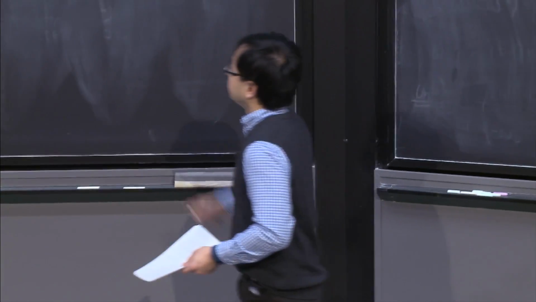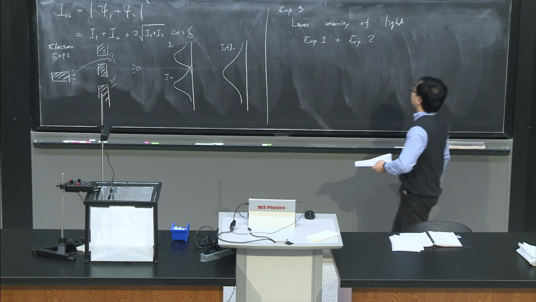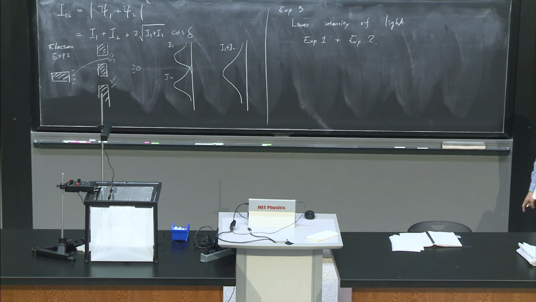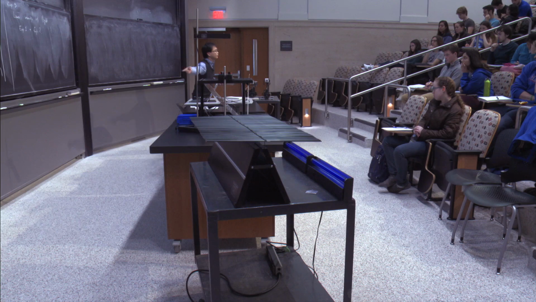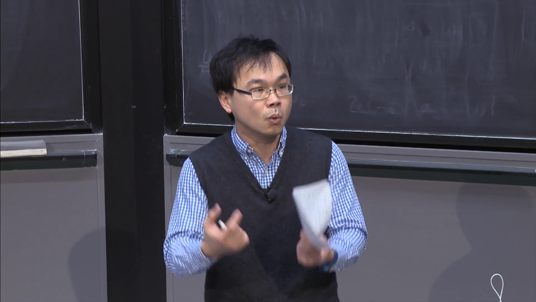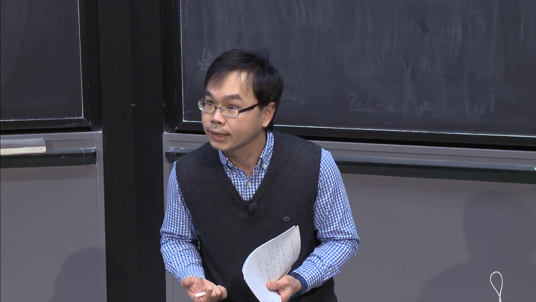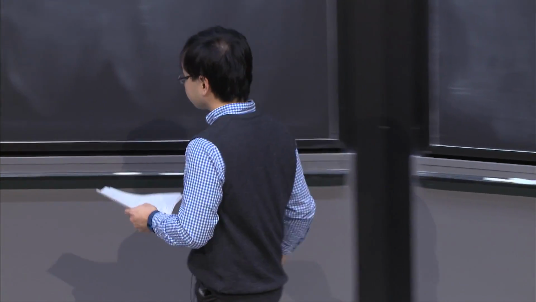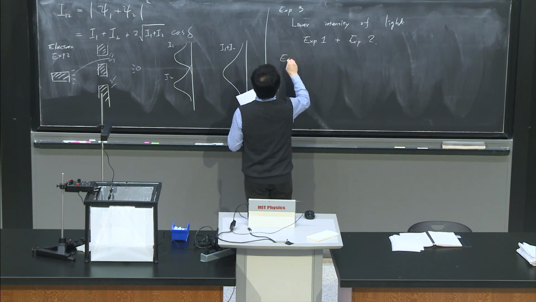So, okay, now I have low intensity of light. One way to lower the intensity is what I was saying, right? The rate of the photon emission, I can make it lower and lower. There's another way to do this.